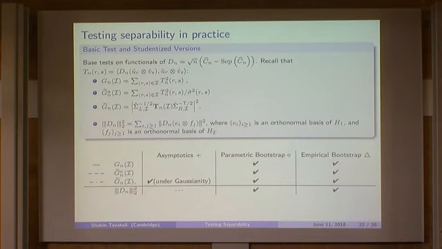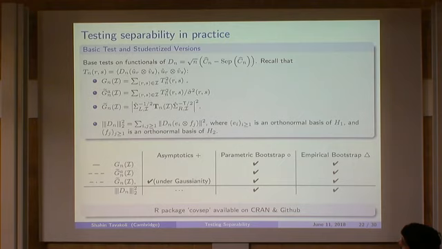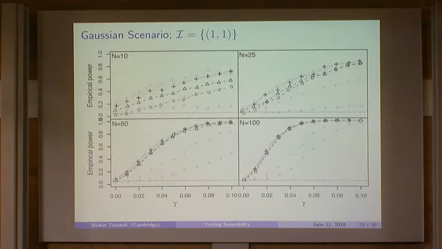Continuous lines will denote the simple test, the dashed lines will denote the marginally studentized test, and the dash-dotted line will denote the fully studentized test. To compute the p-values for separability, I have an R package called covsep, and you can download it from CRAN. Okay, so these are some of the results.